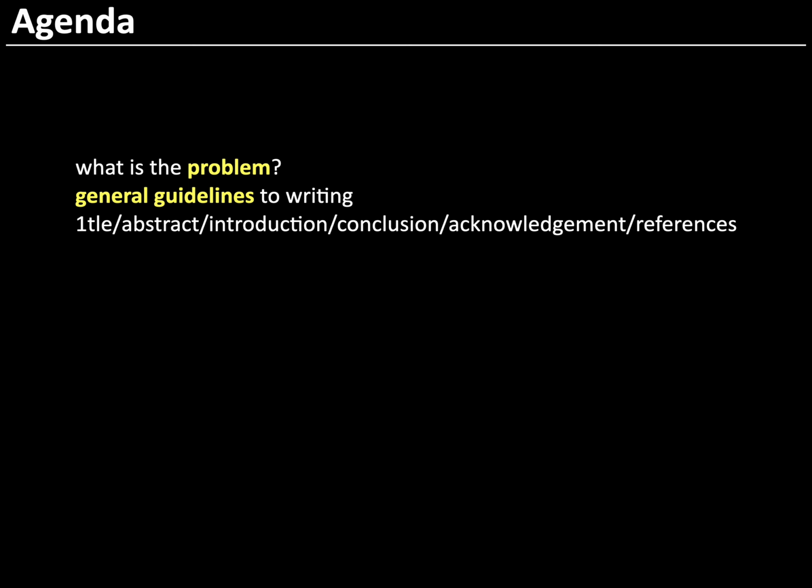And then I talk about all the components of a typical research article, like title, abstract, introduction, conclusion, acknowledgement and references. Maybe I don't talk much about acknowledgement and references.